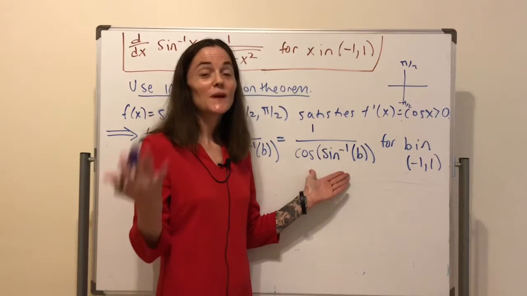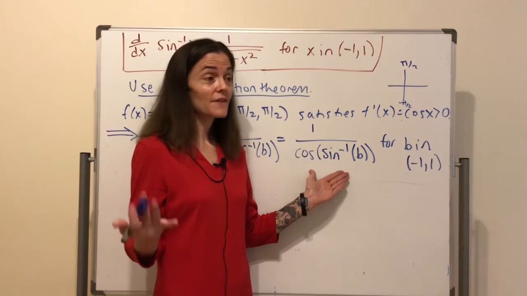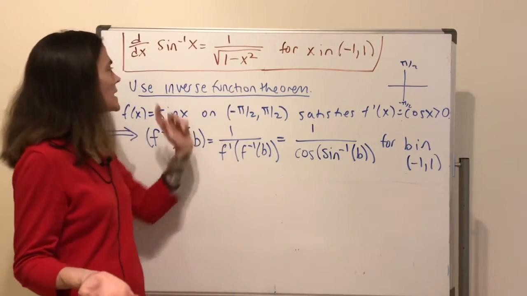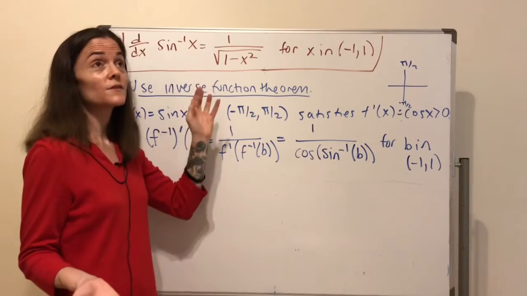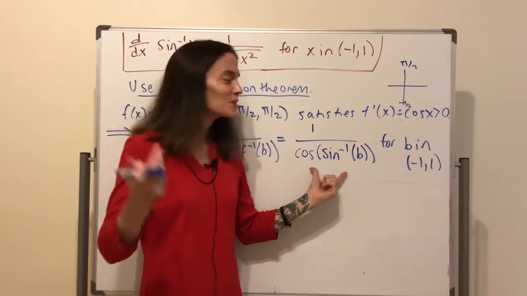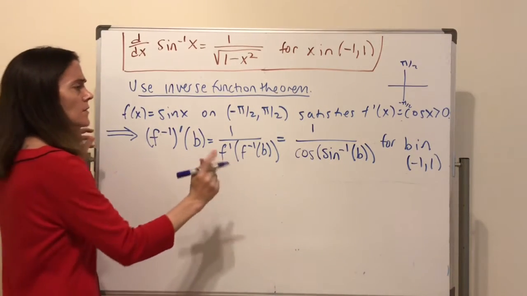Now, we don't want to leave this as a formula for the derivative. This is not very helpful. So we want to get ourselves to what I want, which is 1 over square root of 1 minus b squared. So let's unravel this a little bit. What does this say?